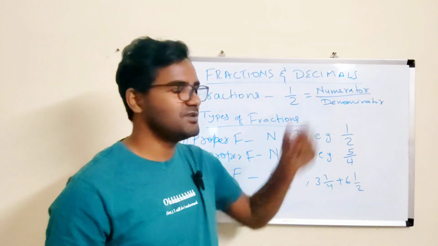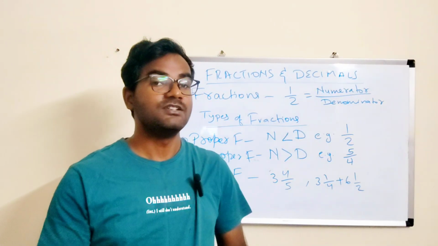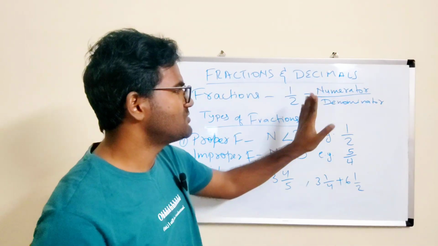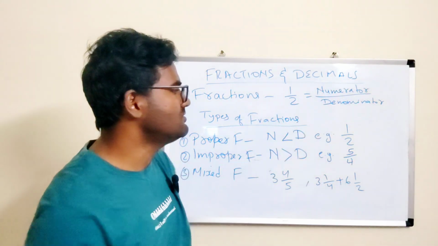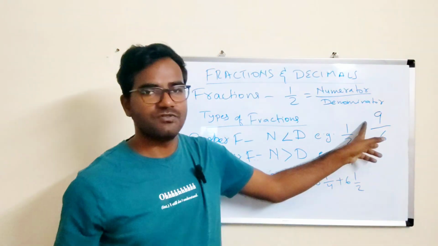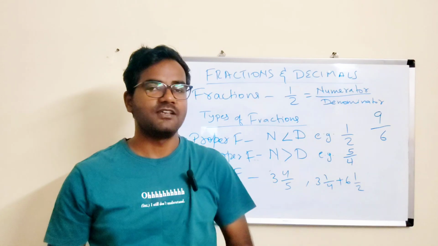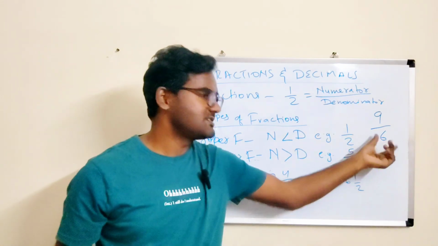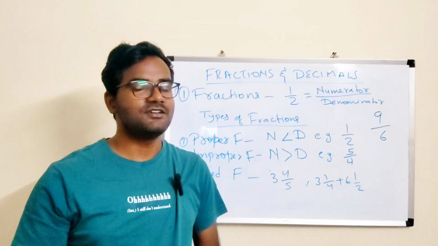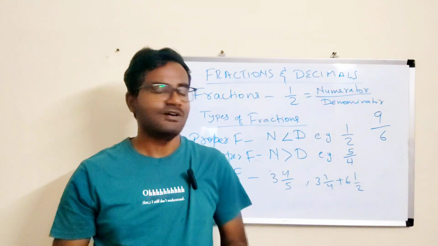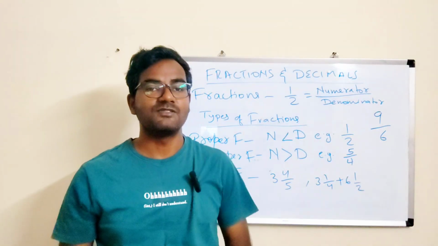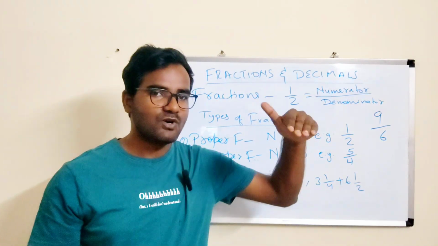And the number which is below, what do we call it? We call it denominator. Now suppose I ask you 9 by 6. If I just show you this and ask you, what is 9 here, numerator or denominator? What is 6 here? You will be confused, right? So to make it easy, I will give you a trick to remember. Whatever the number is below, that will always be the denominator.